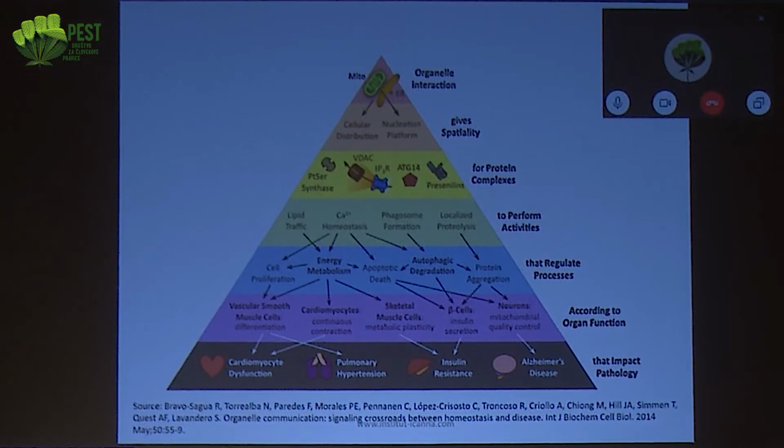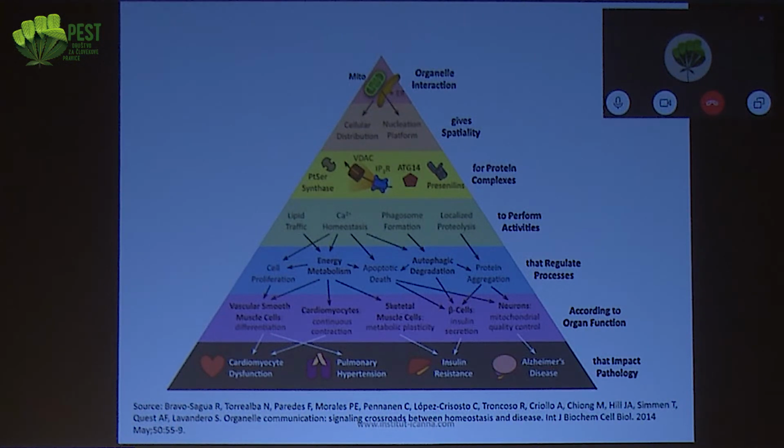But if there is something wrong in this communication, a very diverse array of symptoms and pathologies can happen. We know now that, for example, insulin resistance, different kinds of cardiac pathologies, and Alzheimer's disease are already proven to have an element in their progression of dysfunction of this communication inside of a single cell.